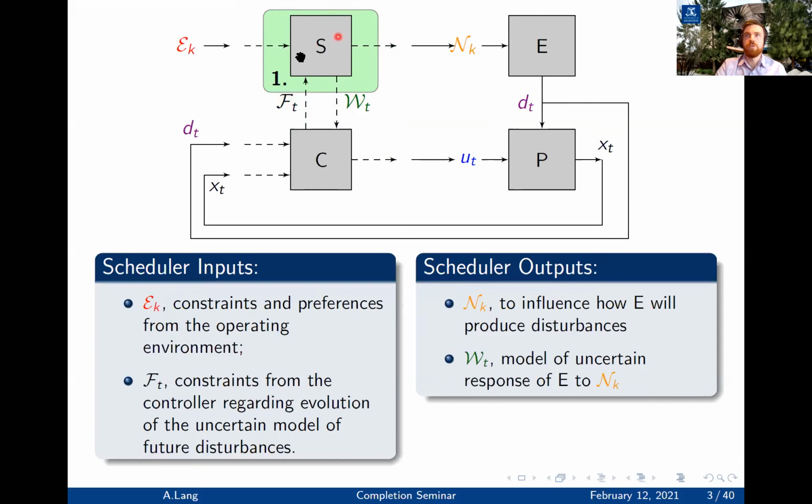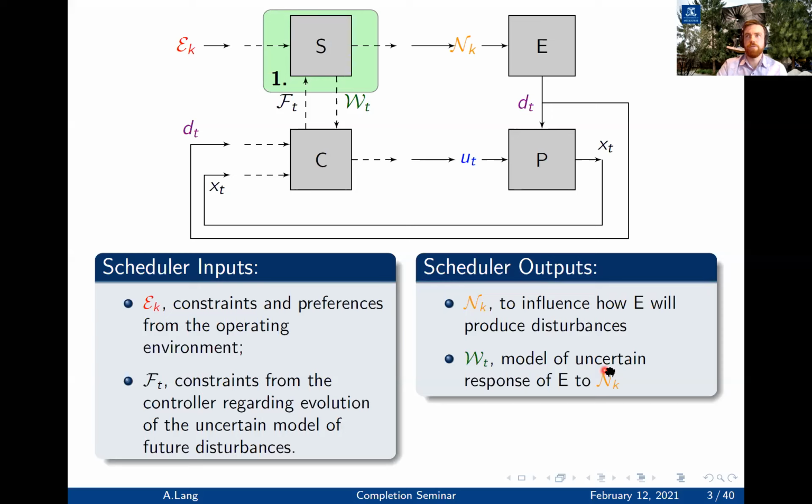So going into more detail of the components, the first component, the top layer component, is the scheduler, and it has two inputs and two outputs. The first input is these constraints and preferences from the operating environment that the scheduler then uses to generate an influence signal to the environment that the environment will then use to generate these disturbances dt.